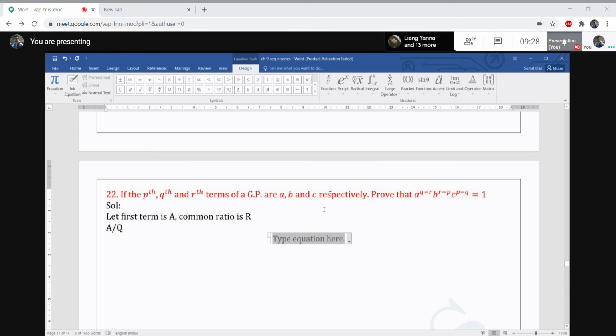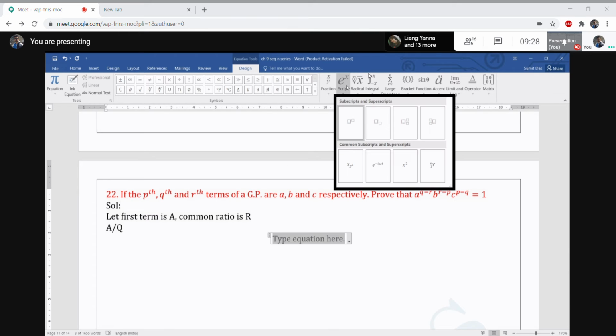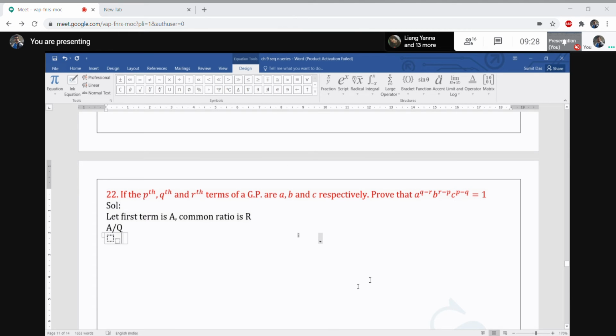So we'll write Tp, the pth term, equal to A R to the power p minus 1, which is equal to a.